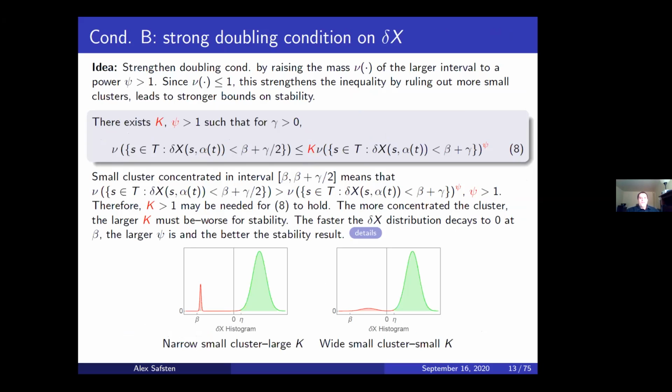So if we raise the size of the bigger interval in the doubling condition to a power bigger than 1, then we decrease the size of the bigger interval, or rather we decrease that side of the inequality. And this makes the inequality sharper and therefore stronger. So we can rule out more small clusters this way.